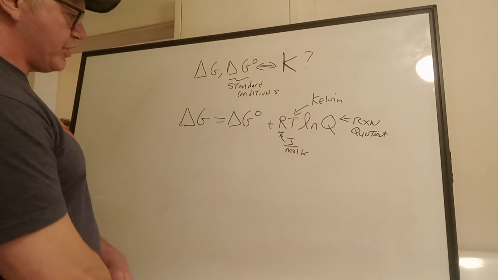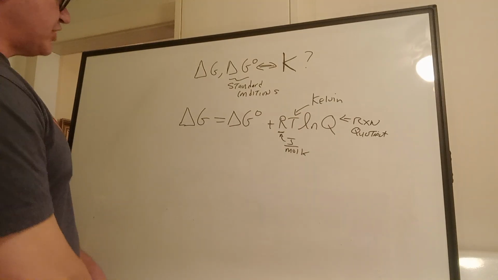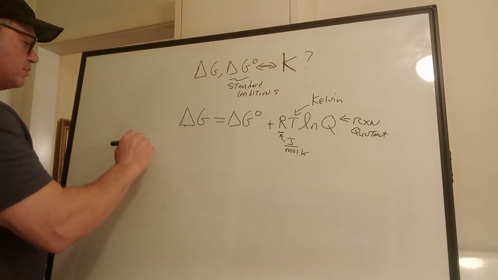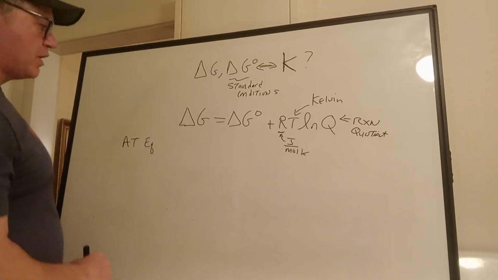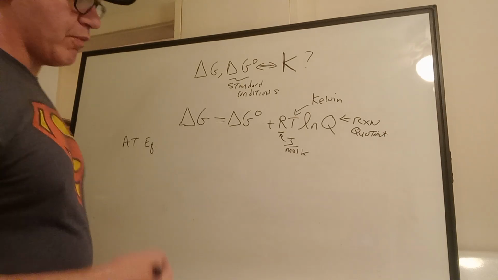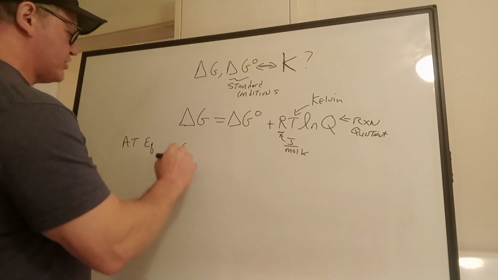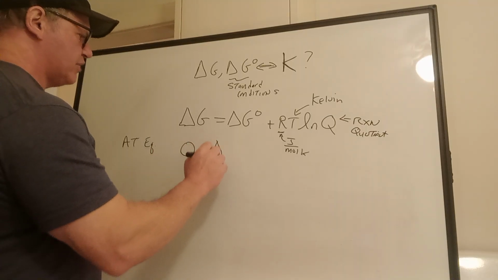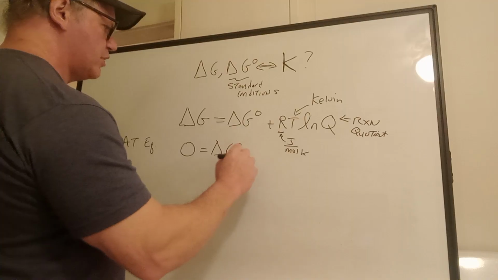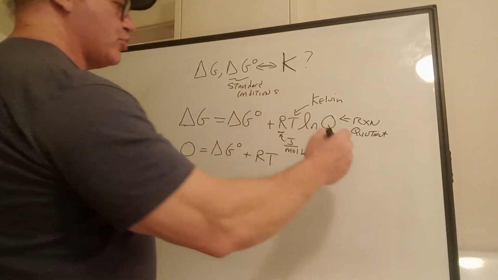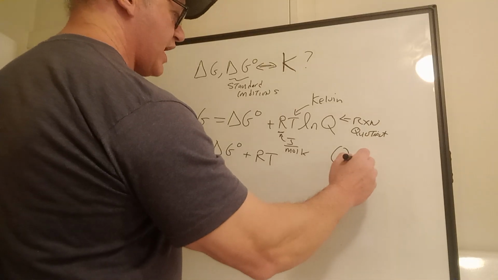But before we do anything with that, let's just think about the case at equilibrium. I'll just call equilibrium EQ. At equilibrium, recall from our prior free energy discussion, delta G is equal to 0. So in that case, we have 0 here. Delta G naught, nothing happens to the R and T. But then Q at equilibrium becomes K, right?